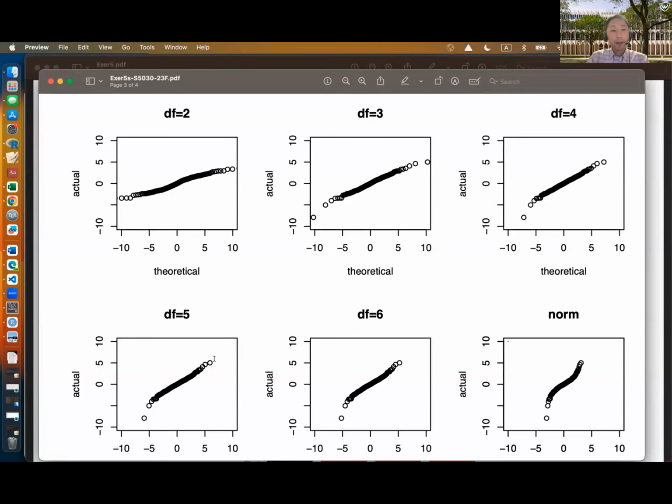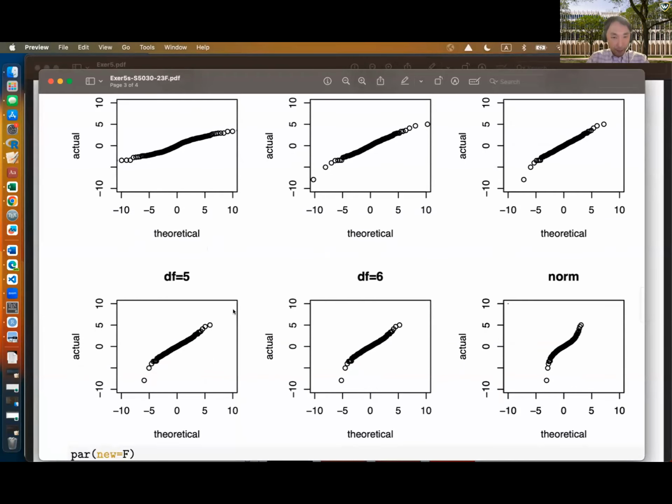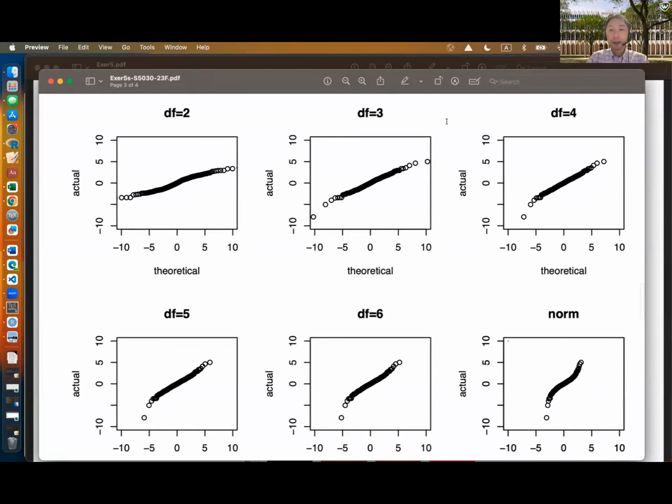The benefit of thinking about QQ plots is that we can see the upper tail and lower tail very well. If we just watch this part and this part, I would say T3 or maybe T4 fits well. T2 and the normal obviously look bad, and T6 has almost a similar shape as normal.